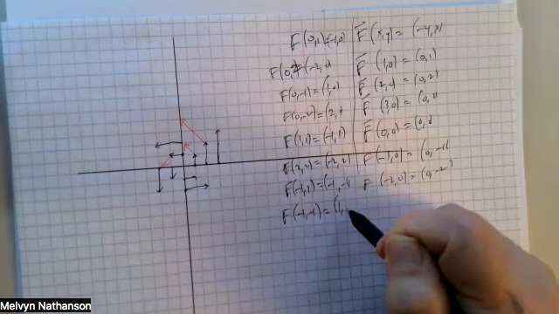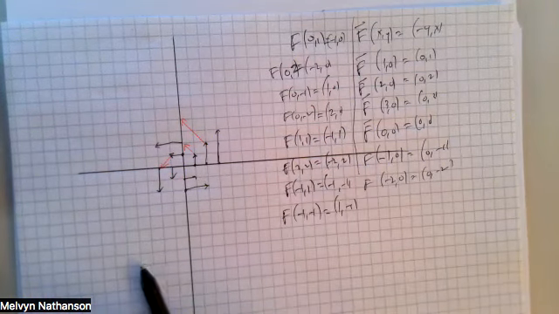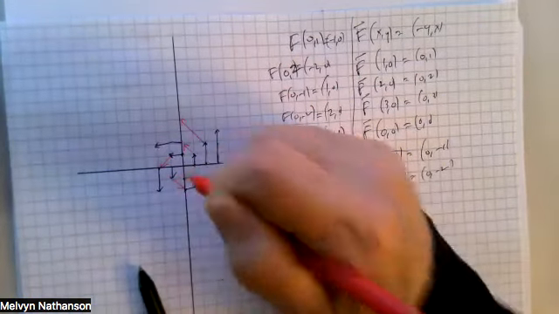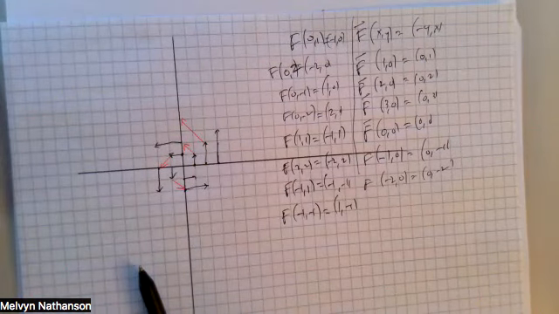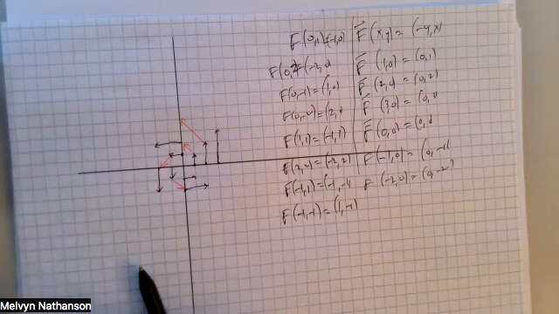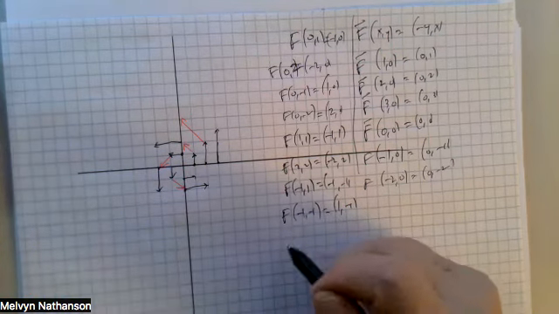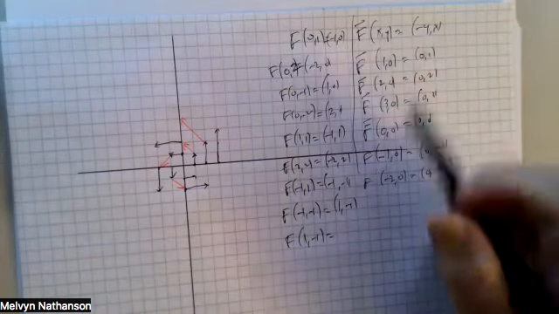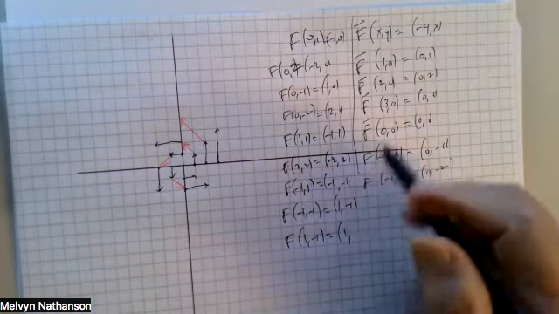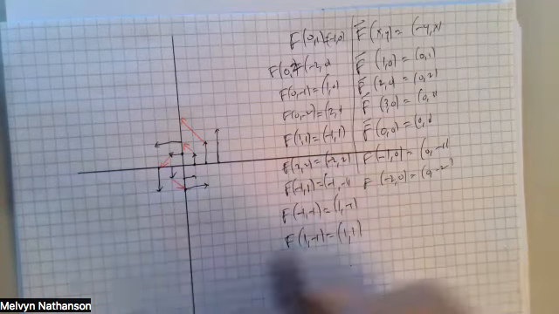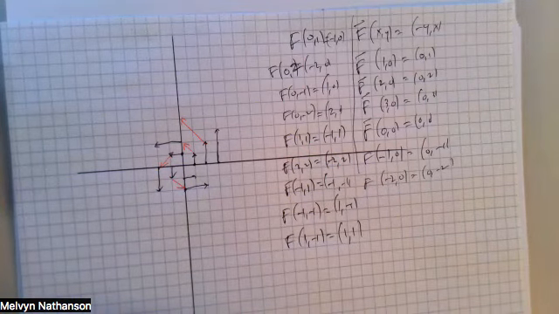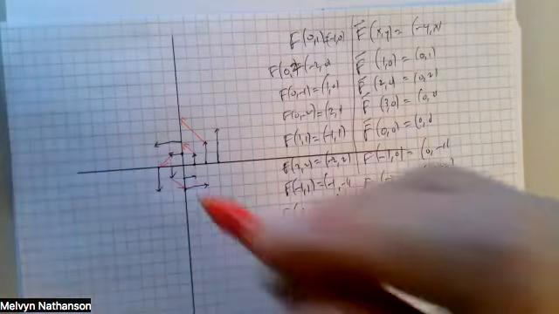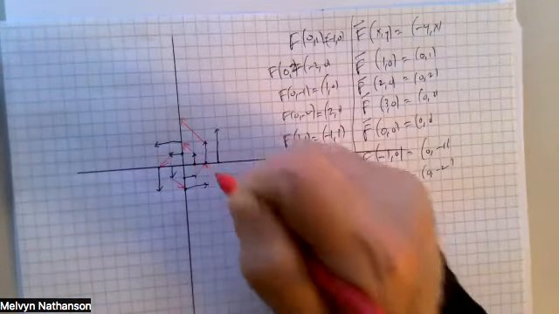That's 1, minus 1. What about F of 1, minus 1? When y is minus 1, minus y is plus 1, and x is 1. So F of 1, minus 1 is going to be 1, 1.